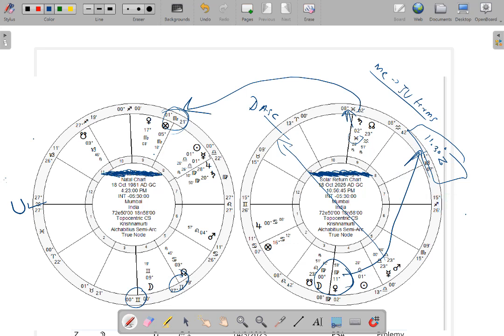And apart from that, if you see, the MC Lord or the 10th Lord is exalted in the first house of the solar return chart.